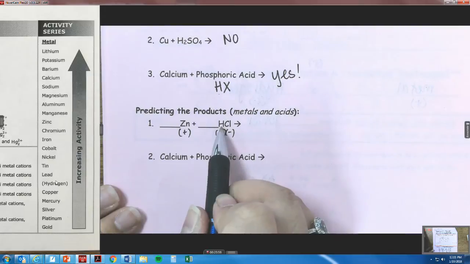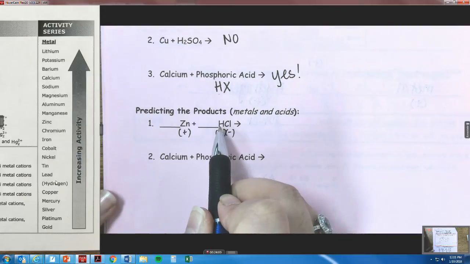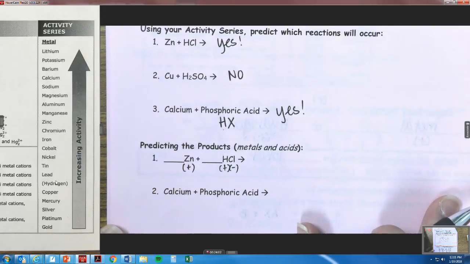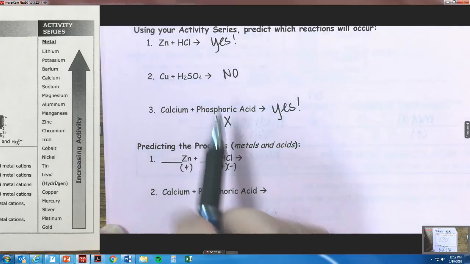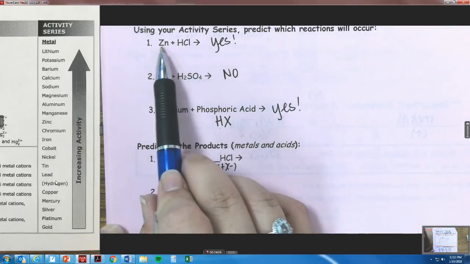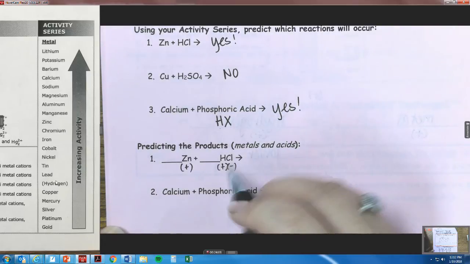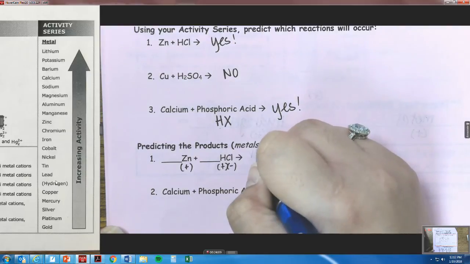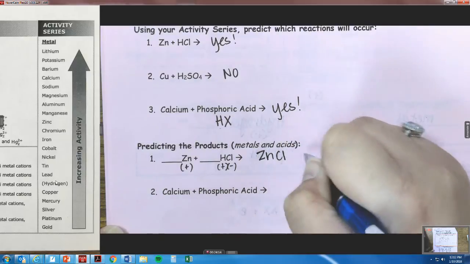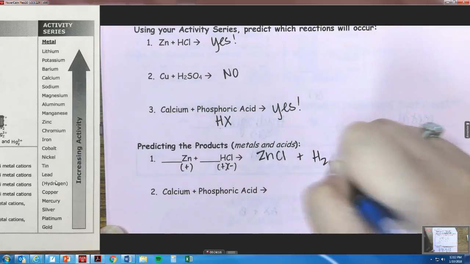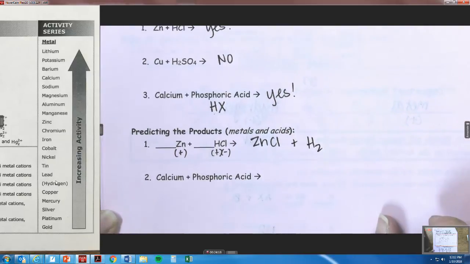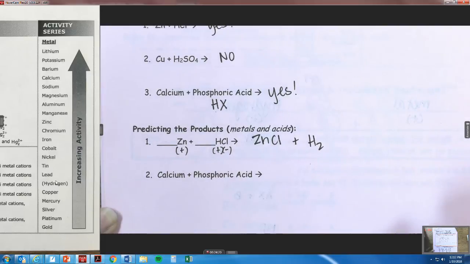Zinc is going to switch places with hydrogen. And we already specified that yes, zinc is higher than hydrogen, so a reaction is going to occur. If we crisscross them and switch them, we're going to have zinc chloride and H2. Remember, H2 is always going to be one of your products.